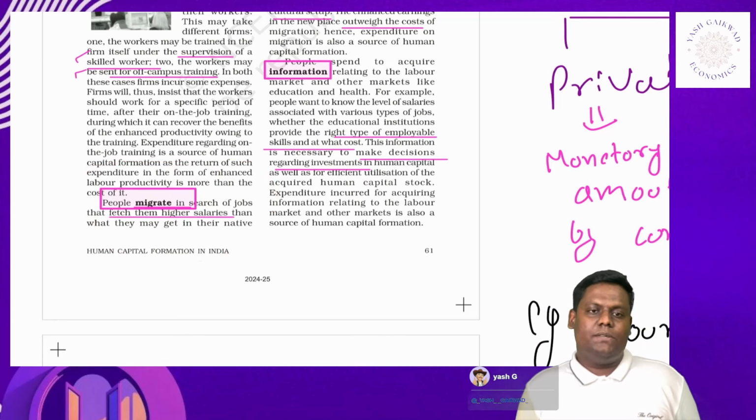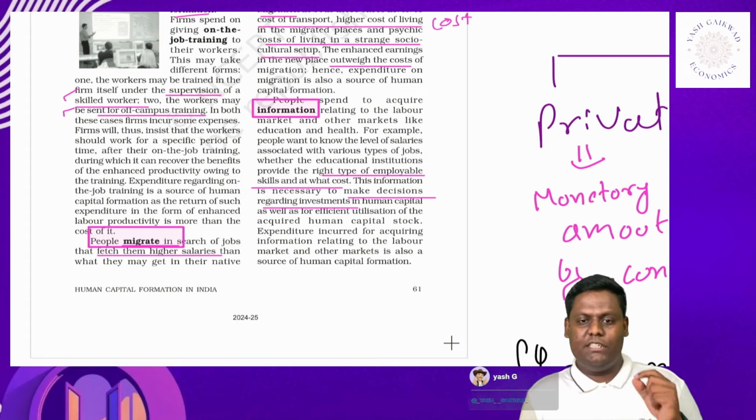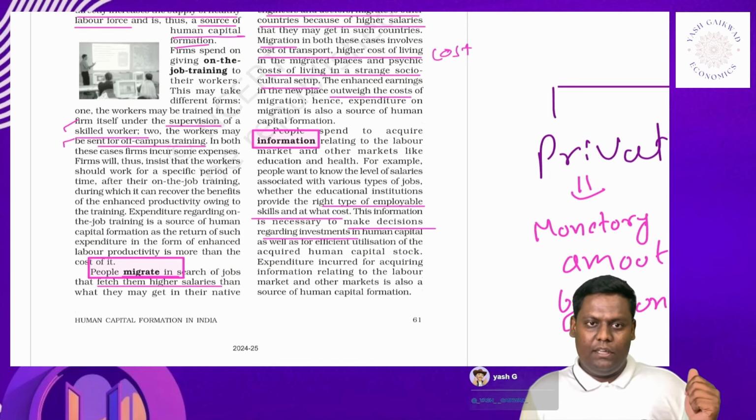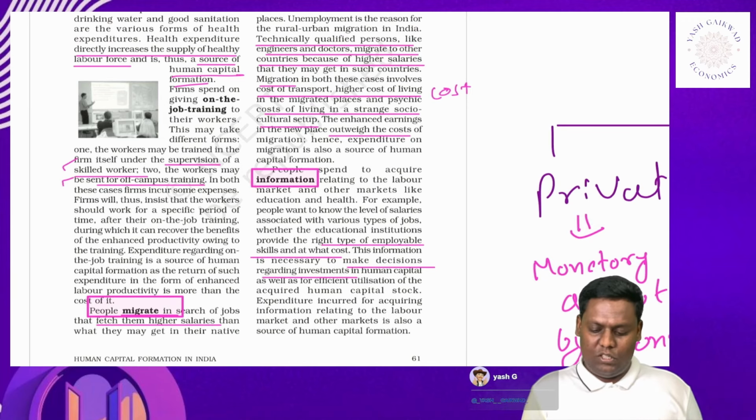Let's look at migration. Migration is when one person moves from one location to another location in search of better opportunities. These opportunities can be both for the purpose of education or for the purpose of employment. Now, when one moves from one location to another, there is certain cost involved.